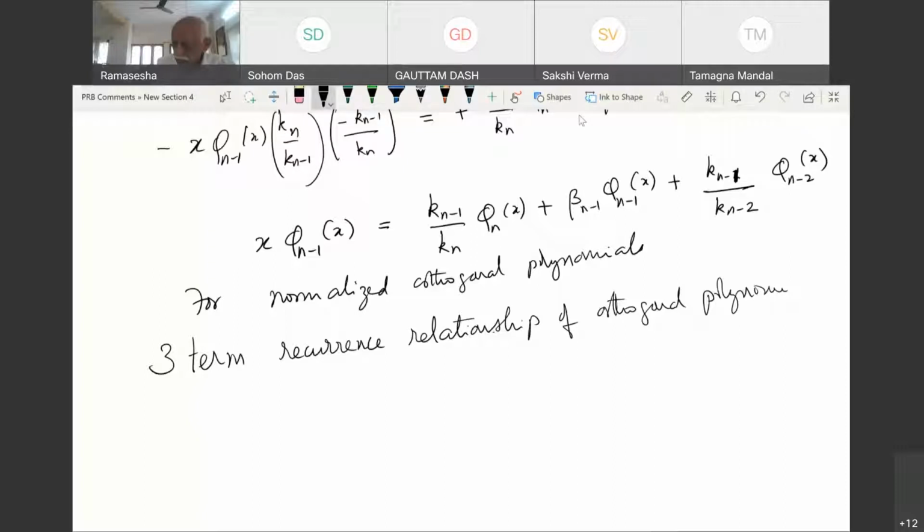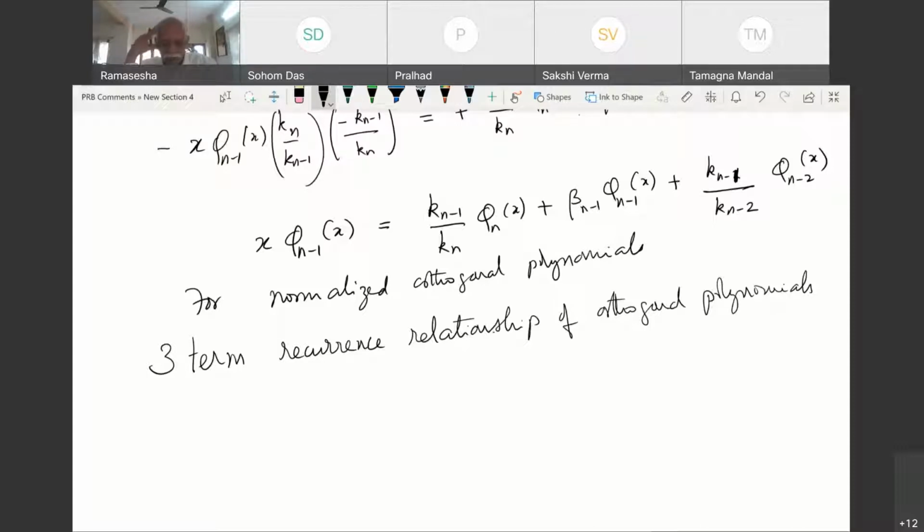Has anyone come across this kind of three-term recurrence relationship? No, sir. Have you done harmonic oscillator problems? Sir, the wave function maybe requires this kind of expression for simple harmonic quantum. When you have a quantum harmonic oscillator and you want to find out the transition dipole between states, then you have to expand, say, wave function of state n with x and wave function of state n plus m, right?